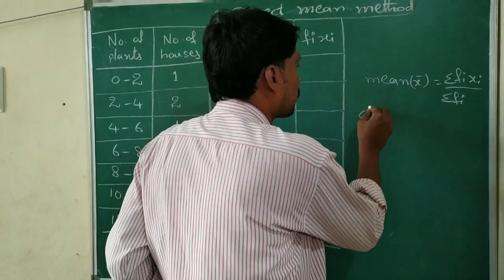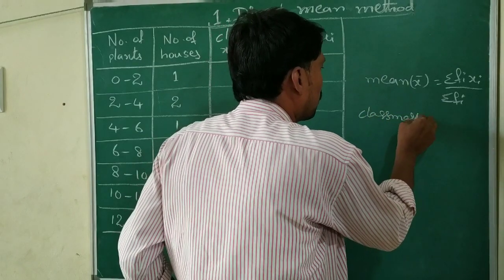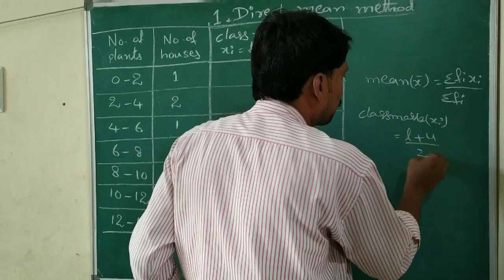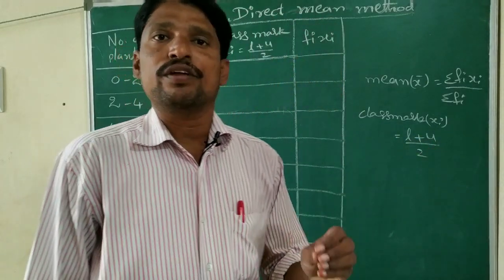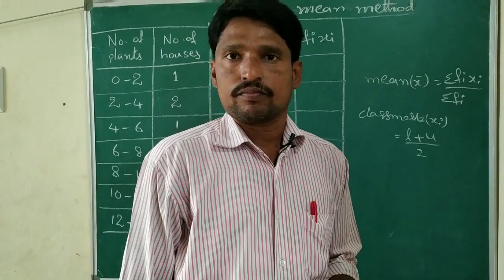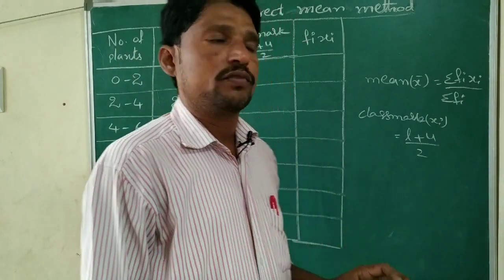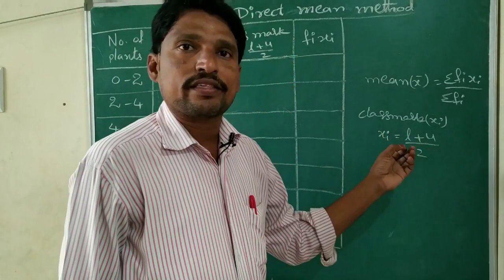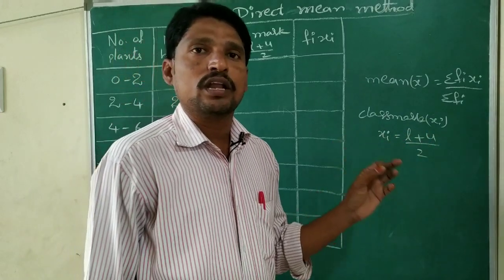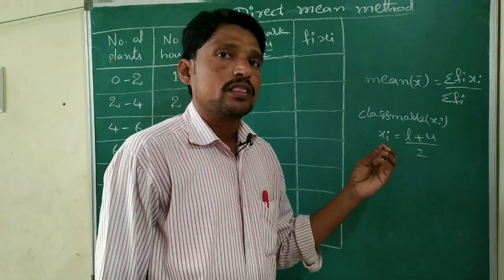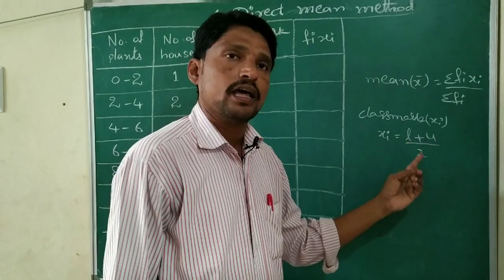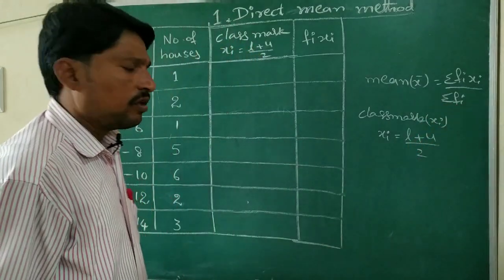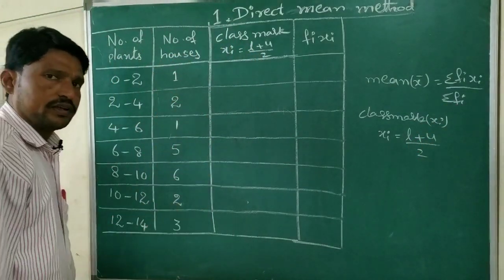Xi means class mark, or the mid value of the class. Xi equals L plus U by 2, where L is the lower limit and U is the upper limit. So the average of lower limit and upper limit is the class mark. Sigma fi means the sum of all the frequencies.